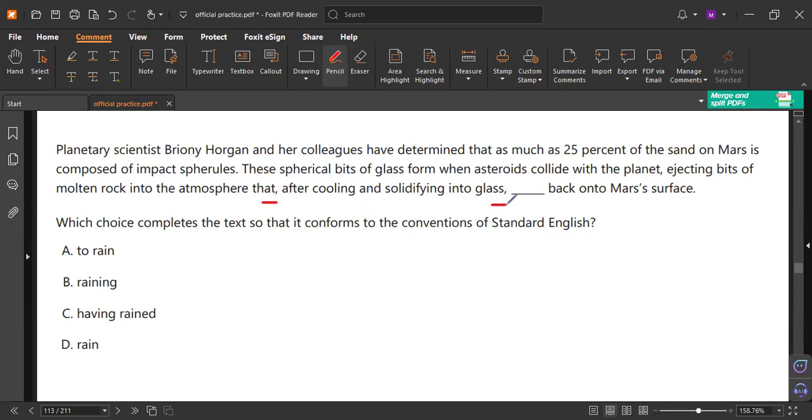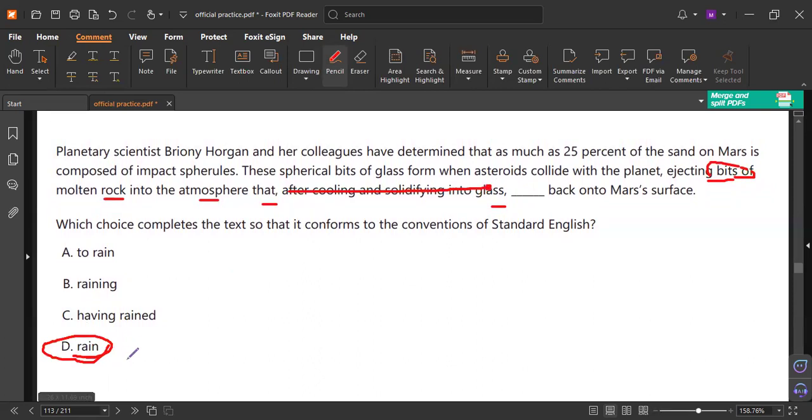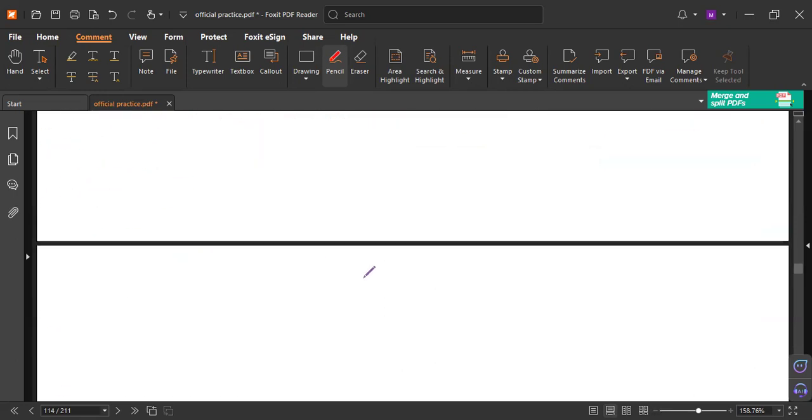This is called non-essential information. Delete and read. You will find injecting bits of molten rock into the atmosphere that rain back onto Mars's surface. What is going to rain back onto Mars's surface? The atmosphere, the rock, or the bits? Bits. Even so, we need a complete verb. You found it? So letter D. That's all. Okay. Next one, half the time.